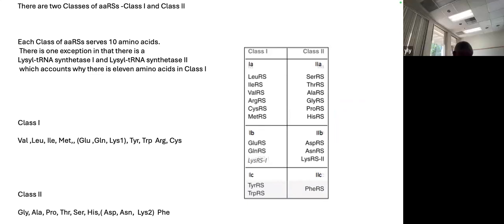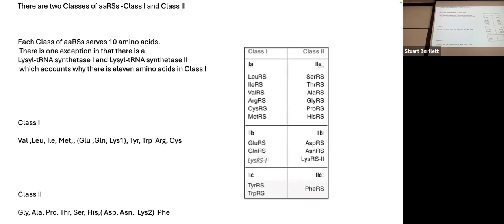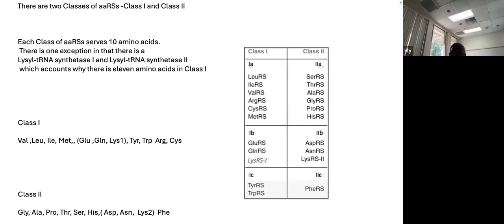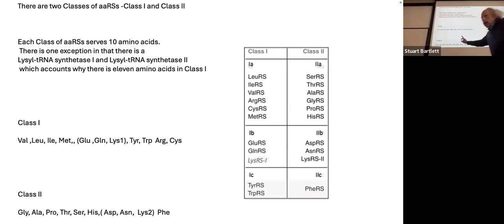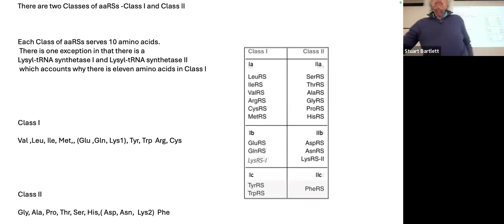Now, what's interesting is that these 20 aminoacyl tRNA synthetases break up into two groups because of the difference in the catalytic module. One is based on beta hairpins, and the other one is based on alpha beta hairpins.